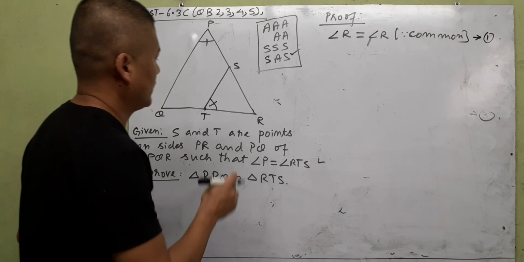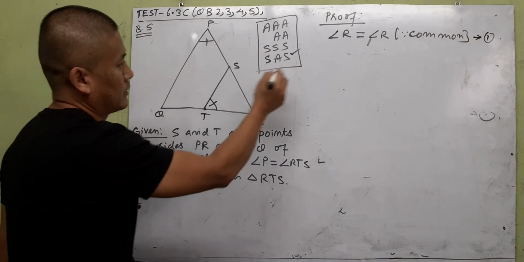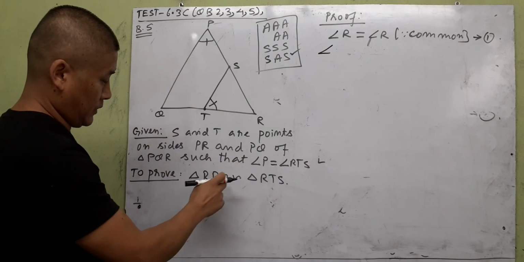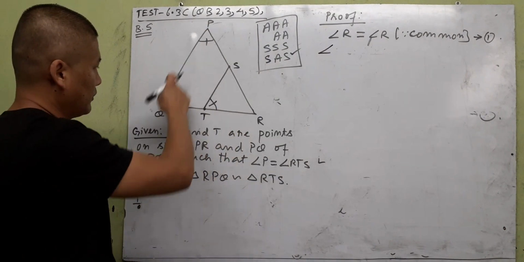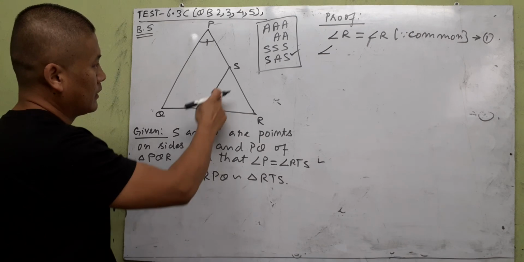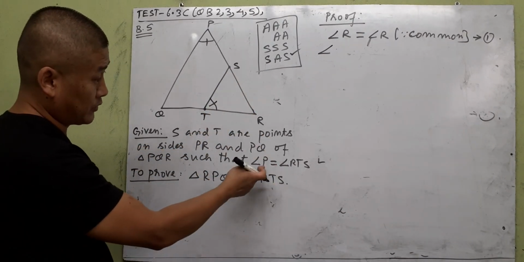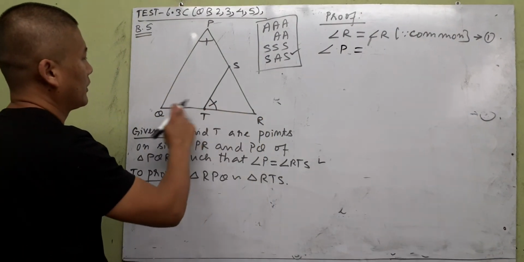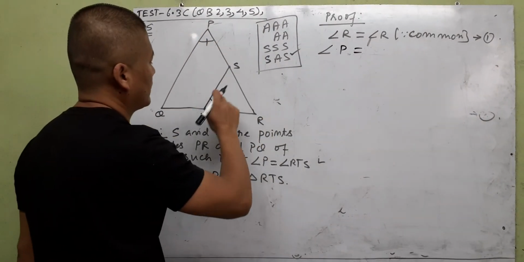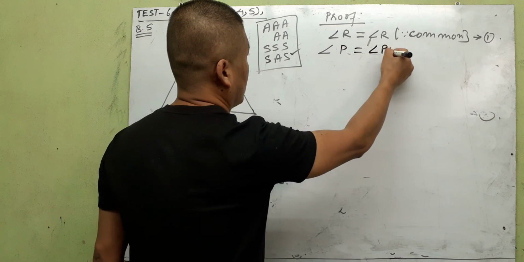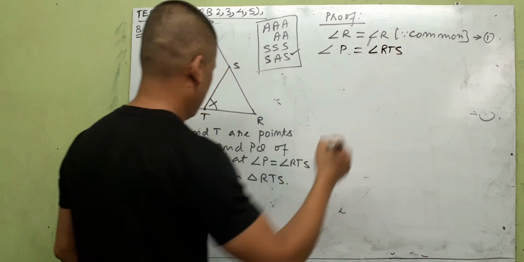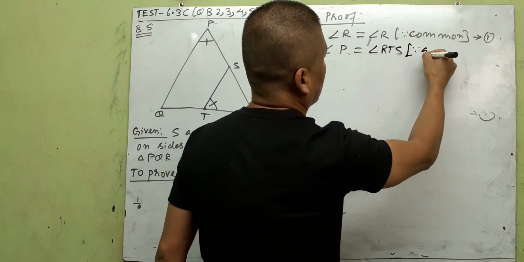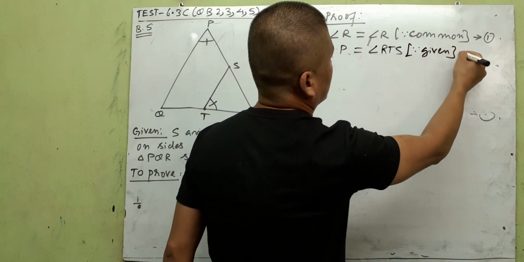Then next one, angle RTS. Taking the bigger one first, RPQ, the bigger one, and RTS, the smaller one second. So let's go in the same order. Angle P of the big one is equal to angle RTS, since it is given. Look at these two triangles and compare.